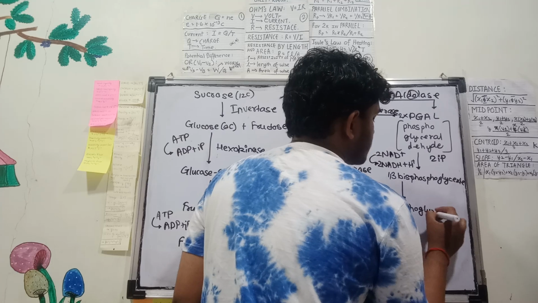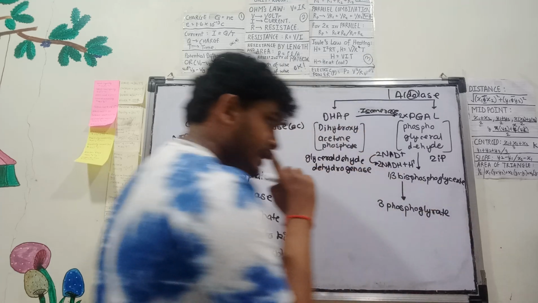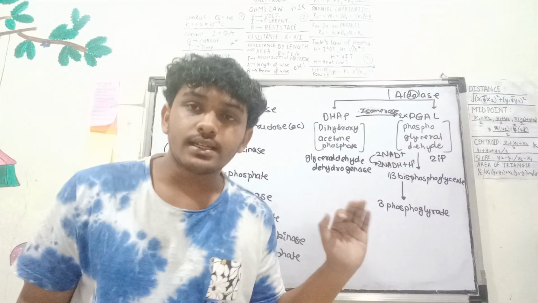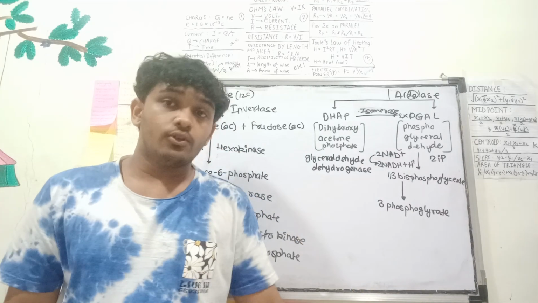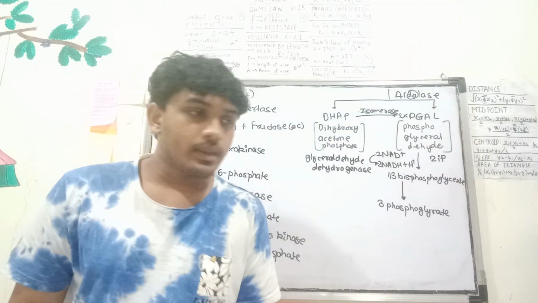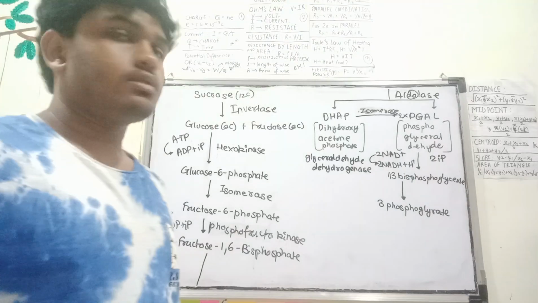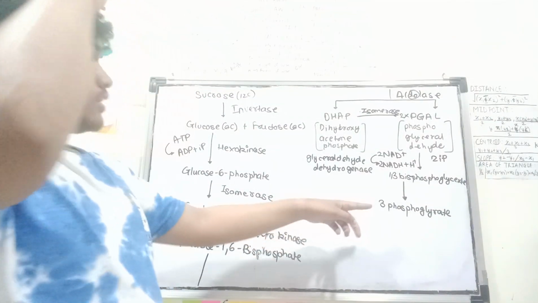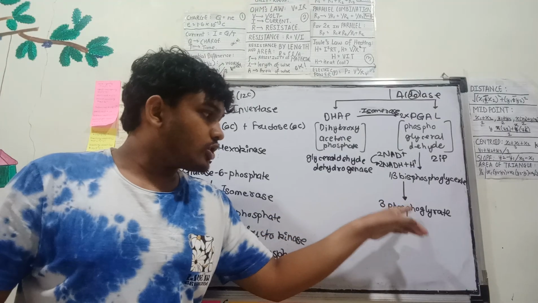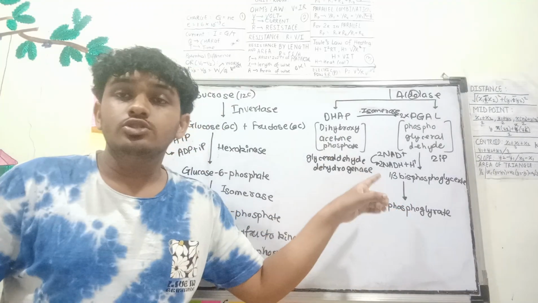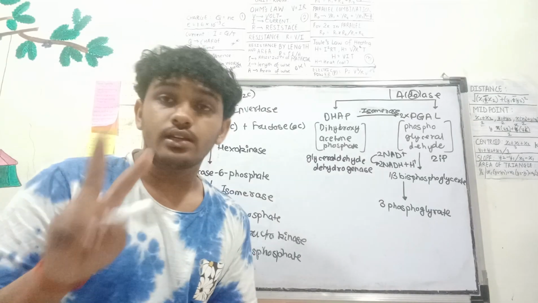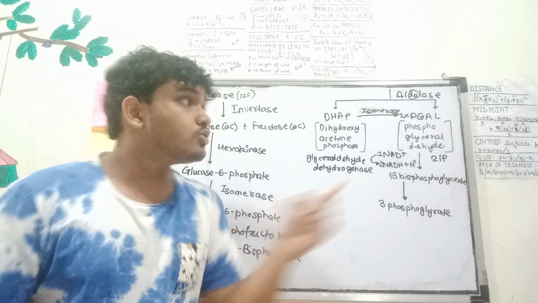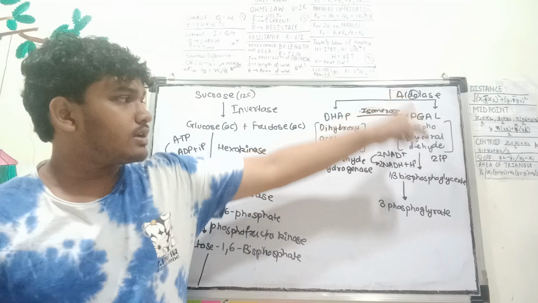Now this 1,3-bisphosphoglycerate is converted into 3-phosphoglycerate. As you can see here, one phosphate ion is removed. The phosphate which is removed is used to form ATP. And what is the number of ATP formed? 2, because all reactions are going in number 2.